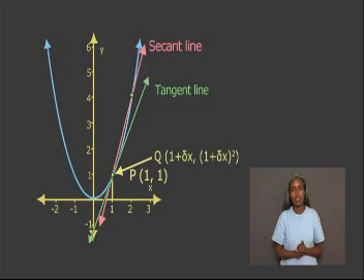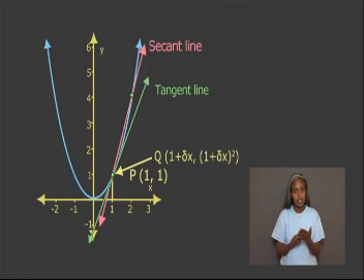As a result, the slope of the secant line is expressed by ((1 plus delta x) squared minus 1) over ((1 plus delta x) minus 1).